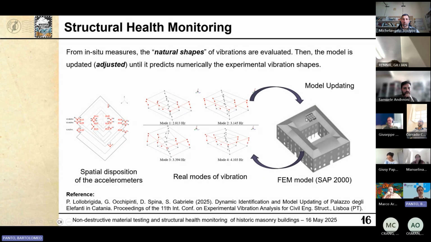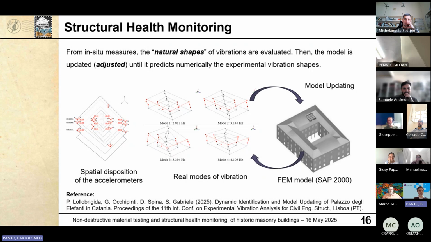If the model predicts natural shapes close enough to what we observed experimentally, we are confident that the model is well calibrated. Otherwise, we need to adjust.